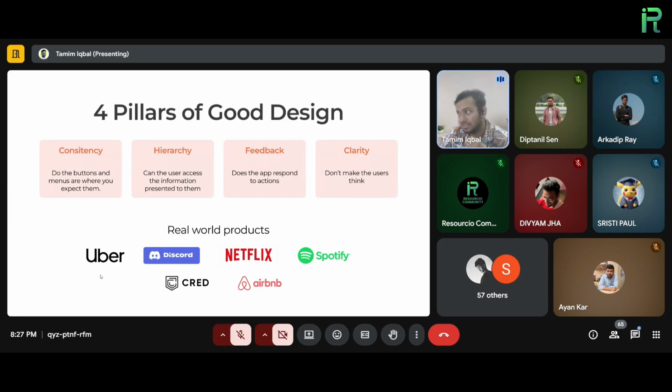Here, I said don't make the users think, but I said Netflix does the opposite, right? So just coming to a little bit of a real life example. This is something called friction, and friction is how hard you're making it for a user to do that task. So this can be identified as a dark pattern or maybe not, depending upon how you see things.